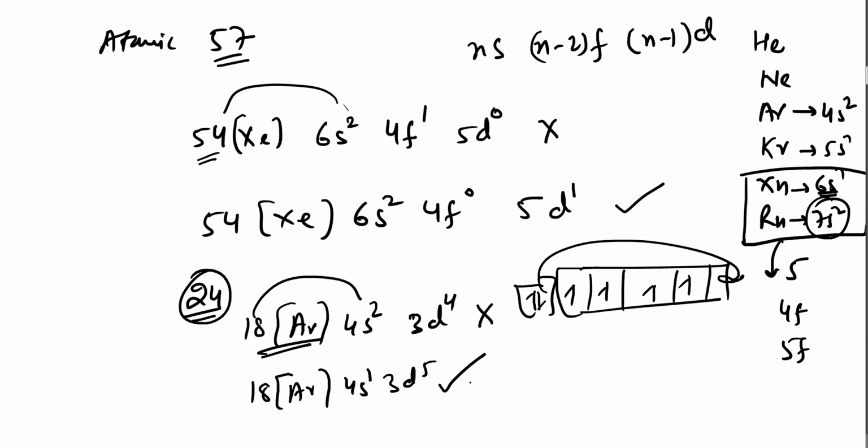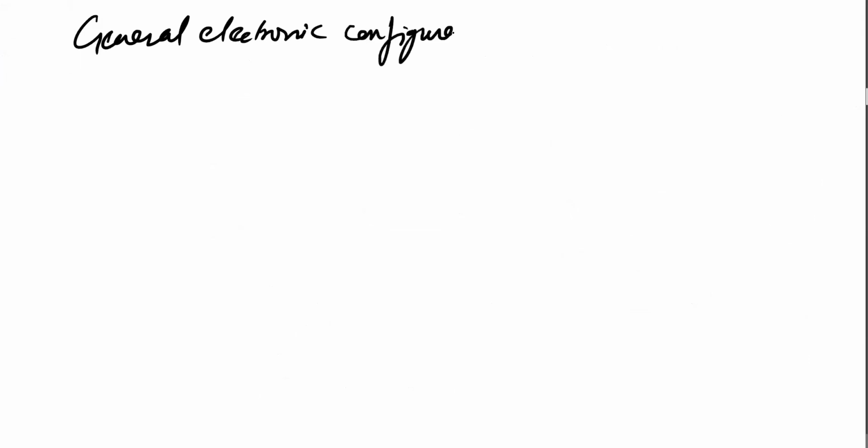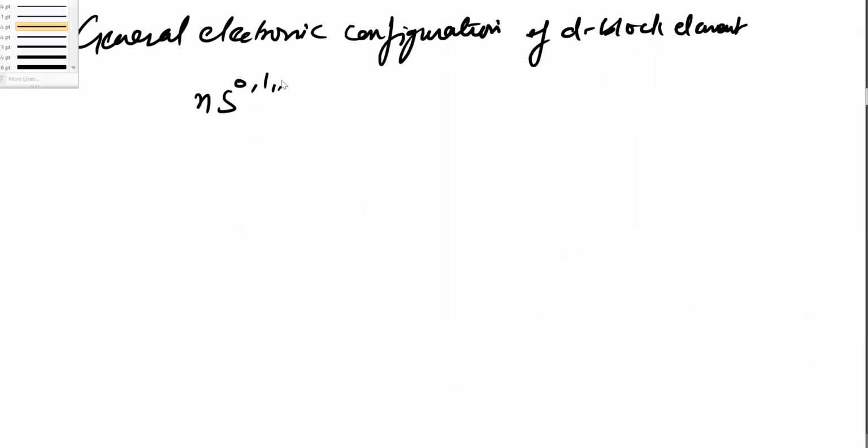Yes. The general electronic configuration of d block element is ns0, 1, 2, and (n minus 1)d1 to 10.